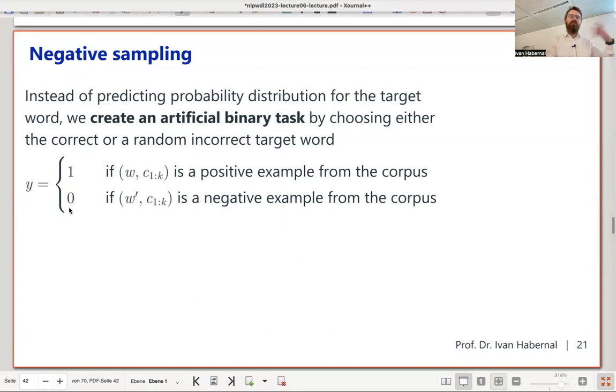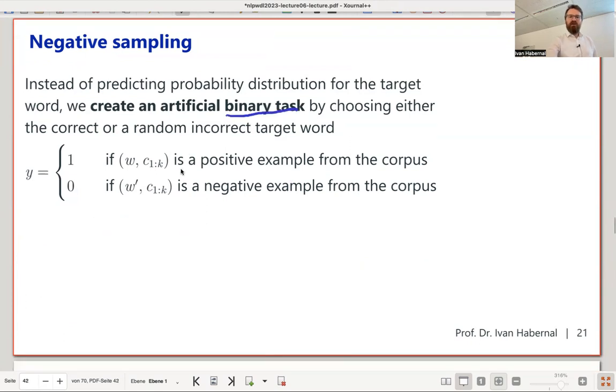In a binary task we have 0 and 1, right? So it's going to be 1 if the word, given its context, is the positive example, which means it was seen in the corpus like that. And then it's going to be 0 if the target word is a negative example from the corpus.